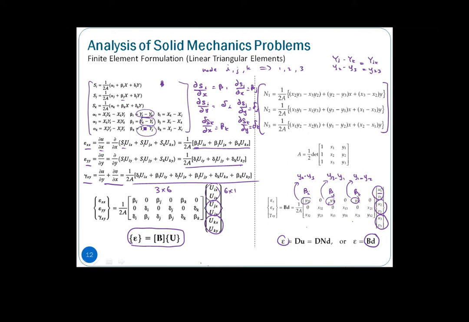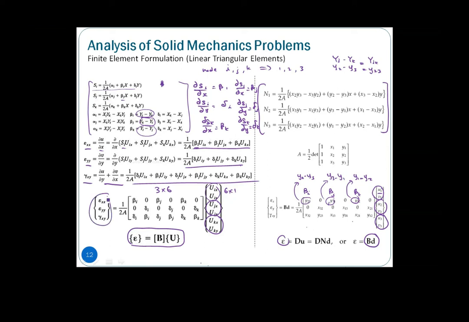Here, our strains are actually constant values. It is not a function of x or y. Previously our shape function was a function of x and y, but the strain itself is a derivative of the shape function. So our strain is a constant value.